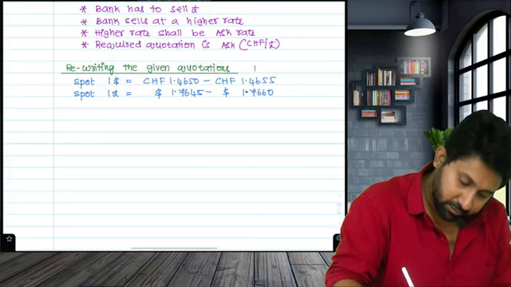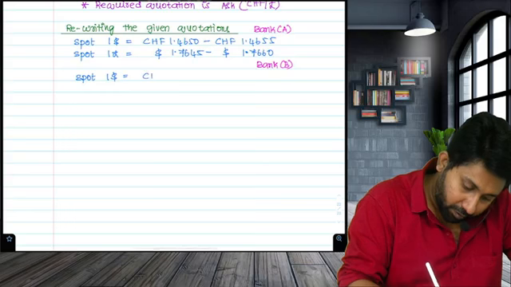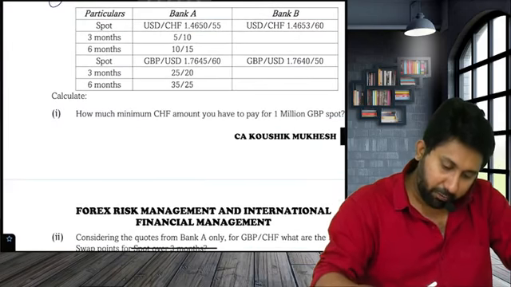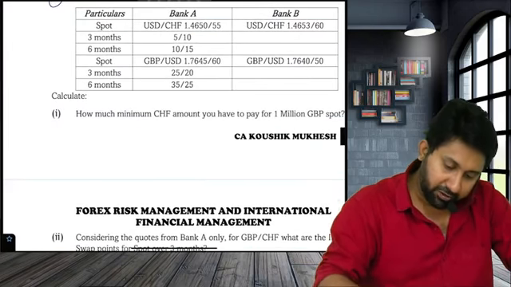Let us give for bank B also. Spot $1 equal to CHF 1.4653 dash 1.4660.